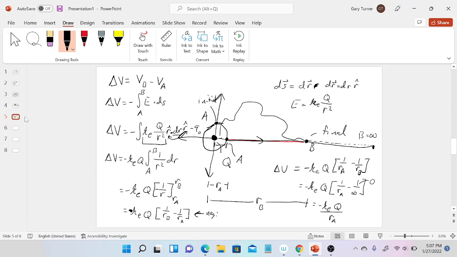Because work is potential times charge. So if I know my test charge Q, and I start out at infinity and push it against the field lines to this point A, then the absolute value of this would be the amount of work that was required.